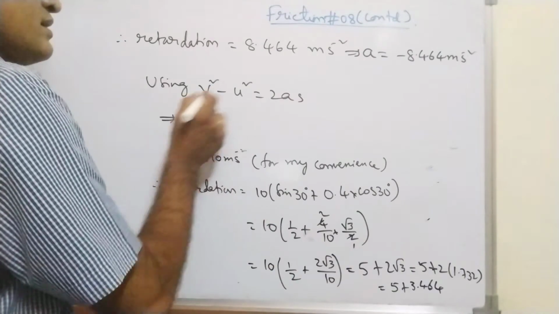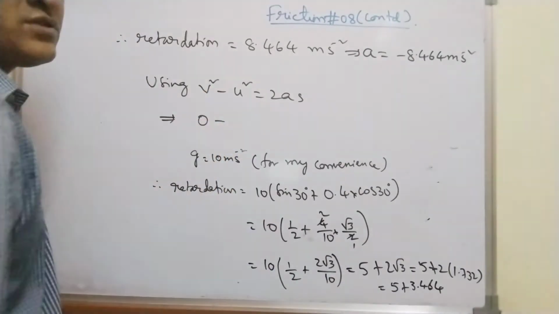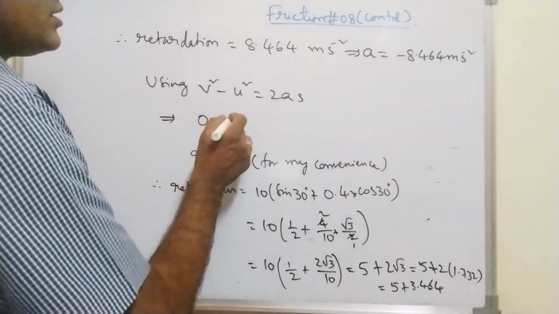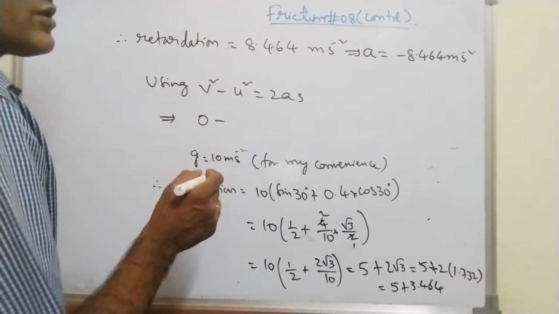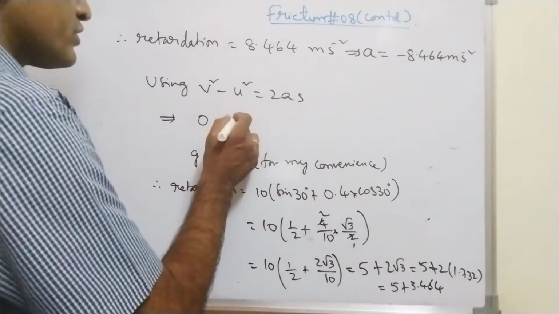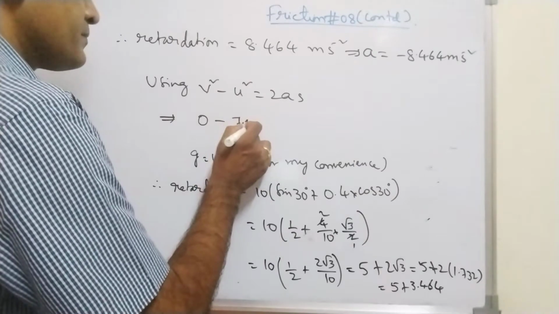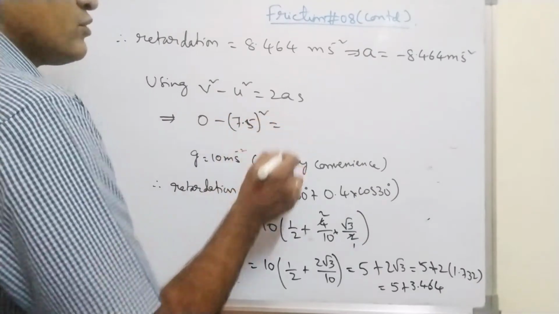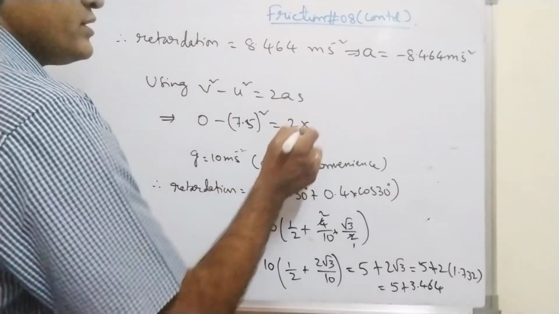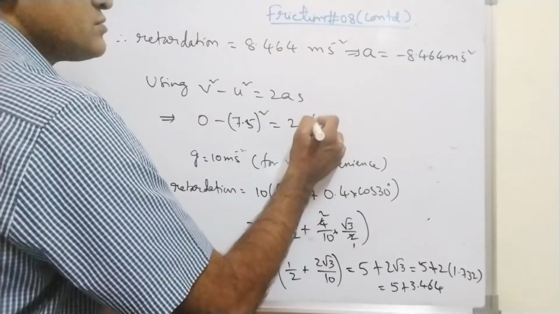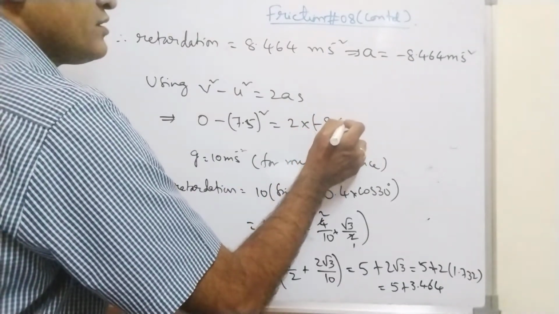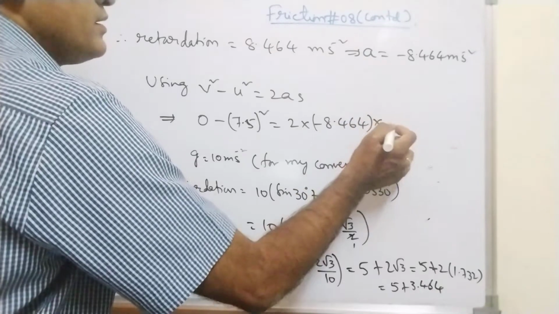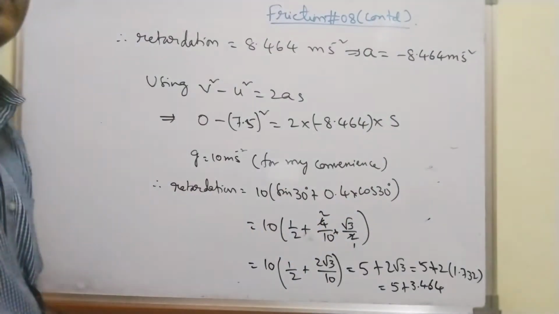So let me write like this: 0, because final velocity is 0, minus u, how much you got? 27 kilometer per hour, what you got is 7.5 meter per second, whole square is equal to 2 into a value, minus 8.464, into distance traveled that you have to find out.